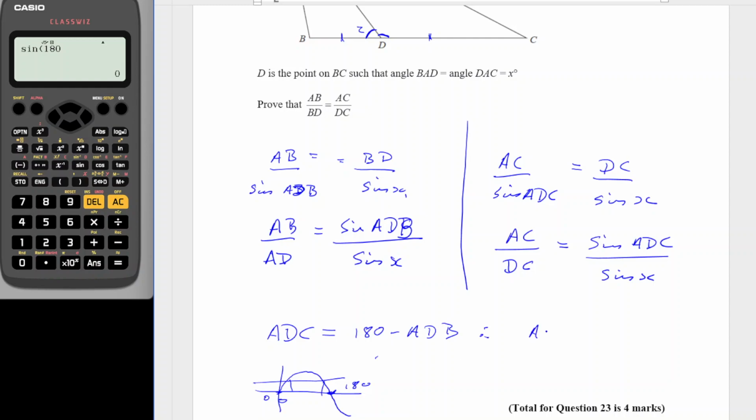They're not equal in size, but the sine of their angles would be equal.